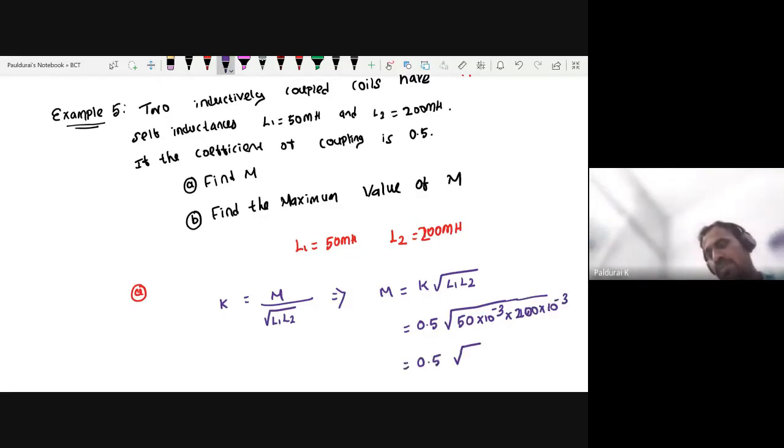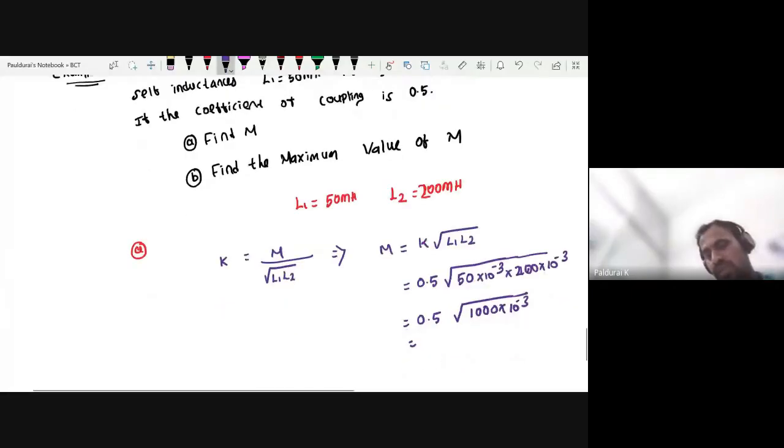So what is this value? 0.5 times, this is 10,000 milli, right? In order to remove the square root, we can find.